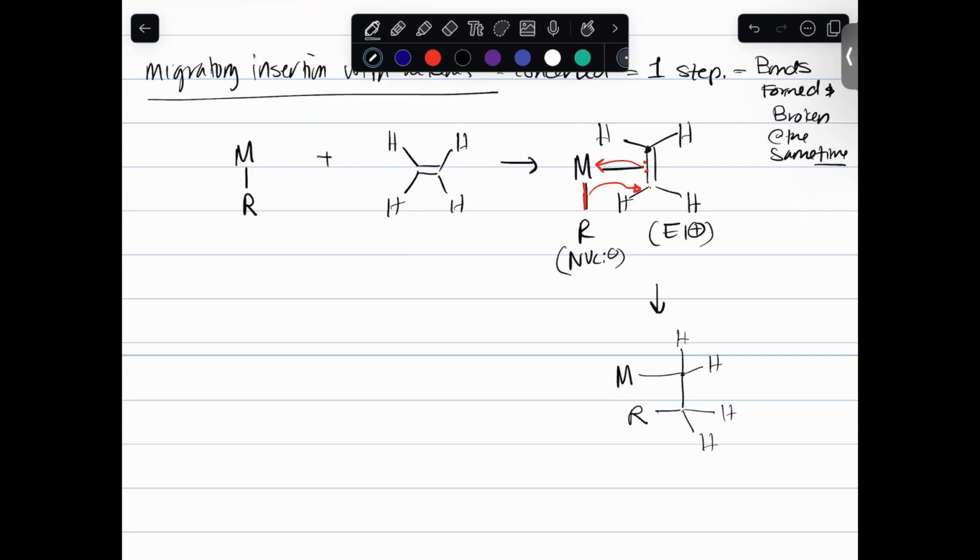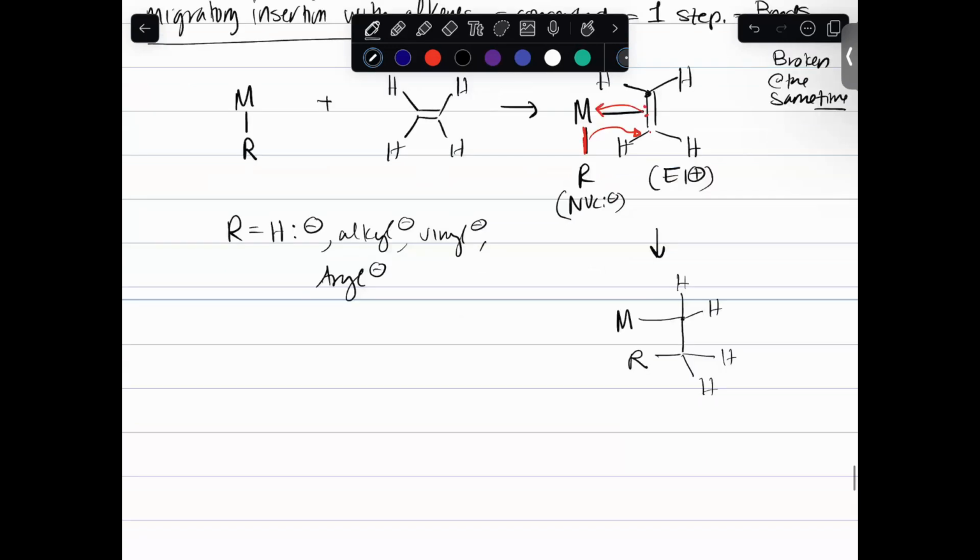A couple of things that you should know before we move forward. Again, the R group can be a hydride source, an alkyl source, a vinyl source, or an aryl source, negatively charged.